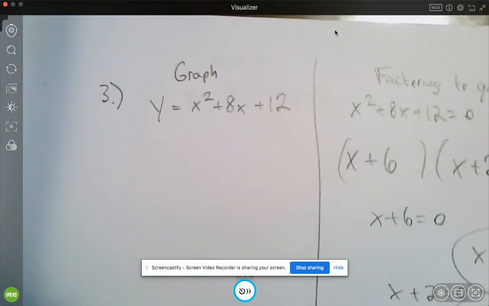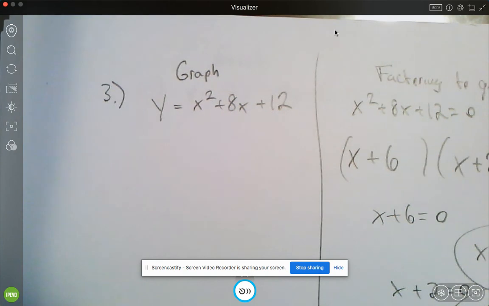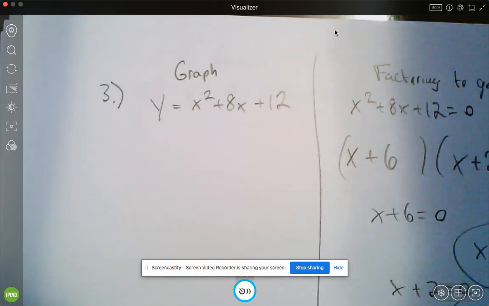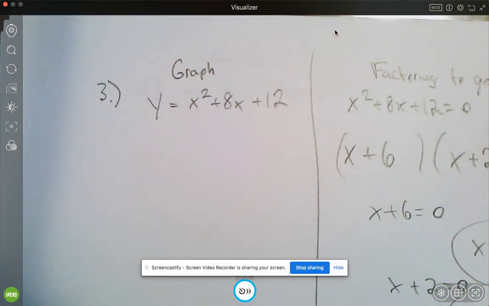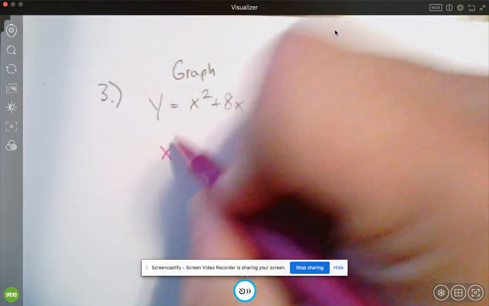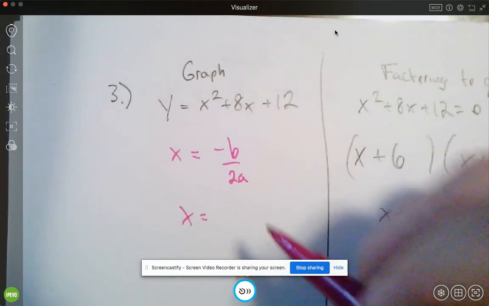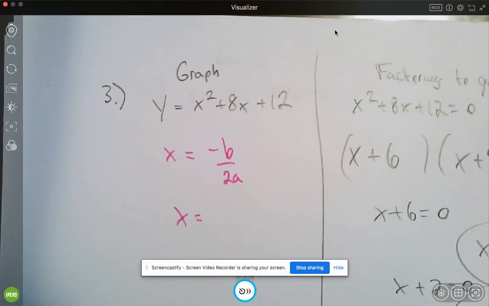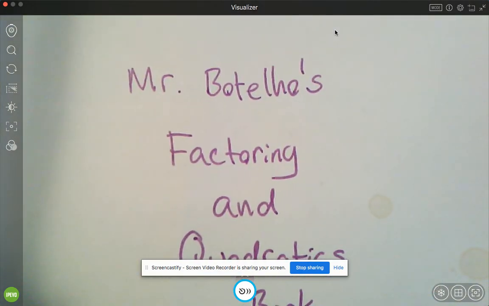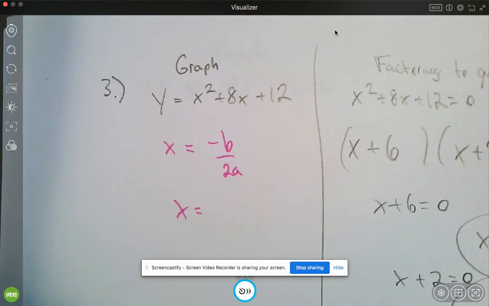Then we introduced quadratics in the sense of graphing them. We'll go through graphing it and then see if there's some type of comparison we can discover from this. If you graph this, we start off with x equals -b over 2a. When you're graphing all of these, I suggest that if you still have your handy dandy factoring quadratics book from before, or any line paper, you do all your tables and figuring on line paper or in that book, and then go and graph.